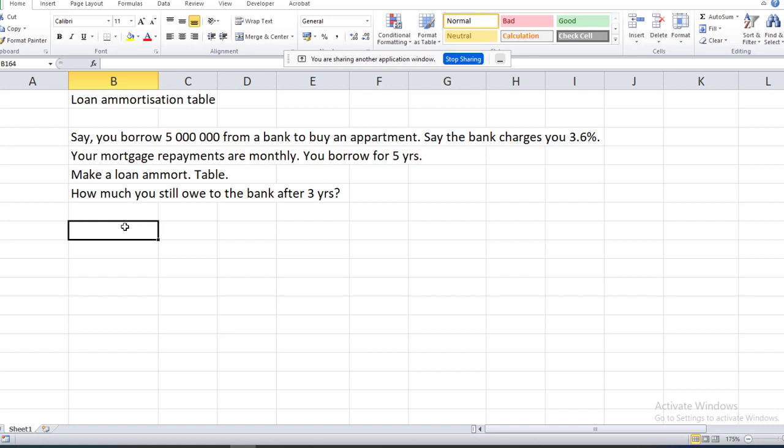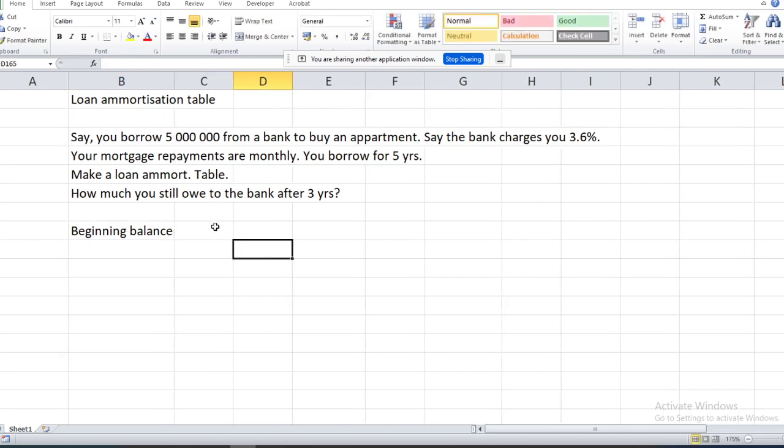So let's make a table. What does the table consist of? It starts with the beginning balance. It goes on to the regular payments.